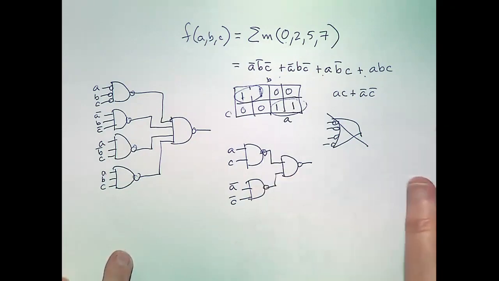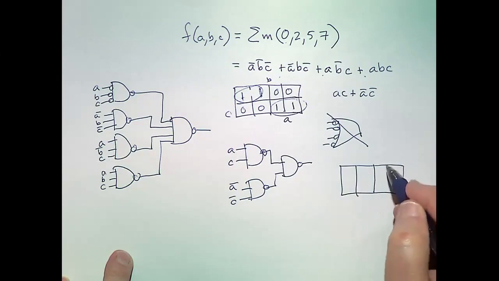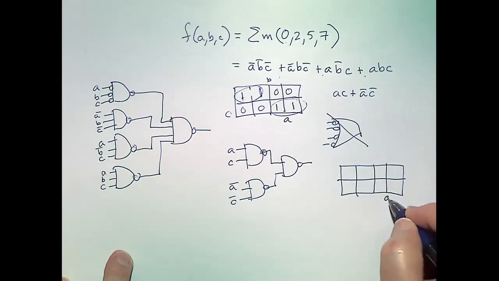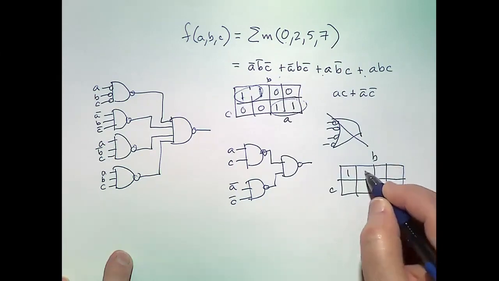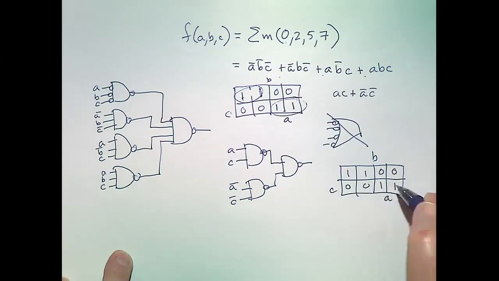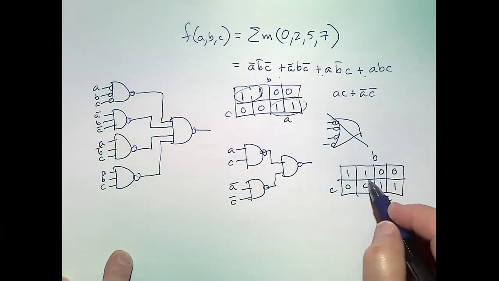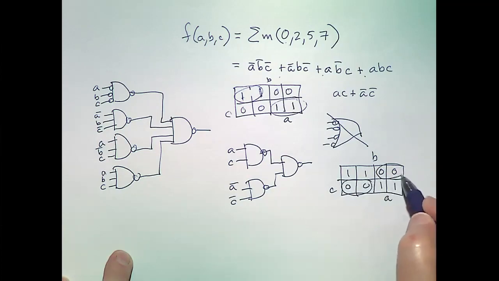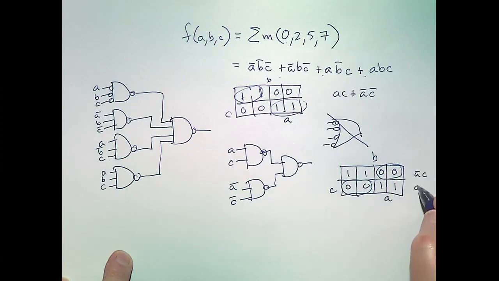Okay, so let's do this again. All right, I want a product of sums, right? So I would now circle the zeros and get product terms for the zeros. So I would get A bar C and A C bar, right?